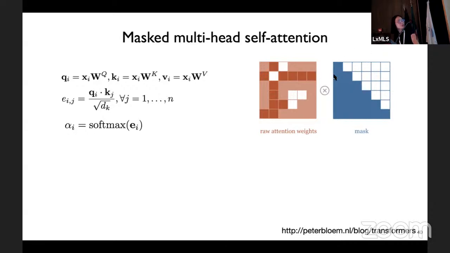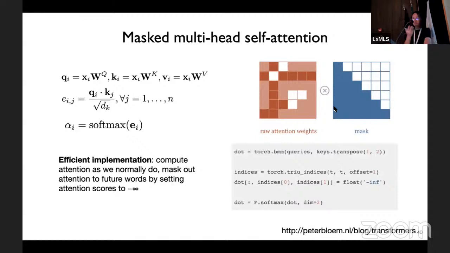And this is basically the way we do the attention scores, and then multiply by another masking matrix. Actually, a more efficient implementation is not to multiply by this masking matrix. Essentially, we just calculate the attention scores, but we set the attention scores before the softmax that are above the diagonal to negative infinity.